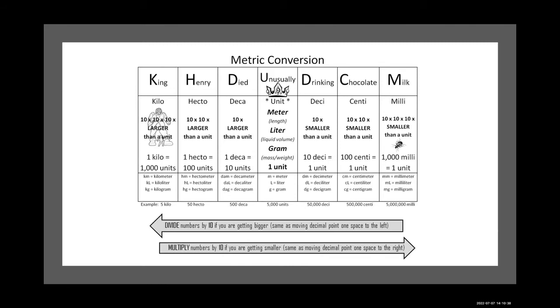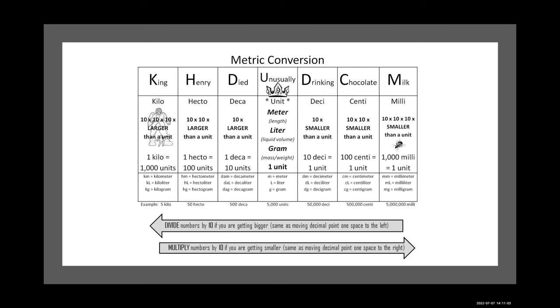Well, 1 kilo is 1,000 units. So if your unit is a meter, 1 kilometer is 1,000 meters. And on the opposite end, we have milli. So this is going to be 1,000 times smaller. So it's a 1,000th of whatever your unit was, or 1,000 milli units equals 1 unit.